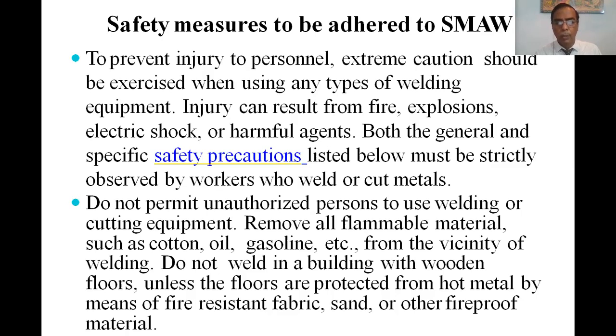Do not permit unauthorized persons to use welding or cutting equipment. Remove all inflammable materials such as cotton, oil, gasoline, etc. from the vicinity of the welding. Do not weld in a building with a wooden floor unless the floor is protected from hot metal by means of fire resistant fabric, sand, or other fireproof material.